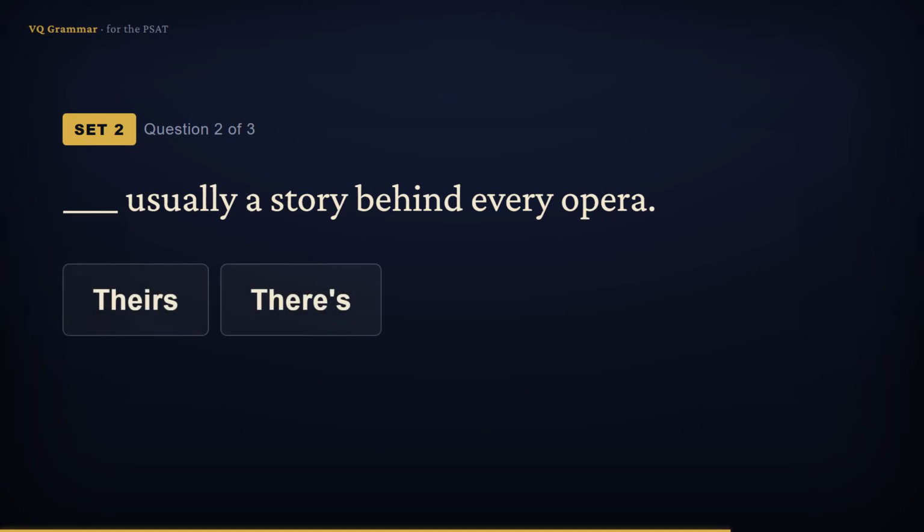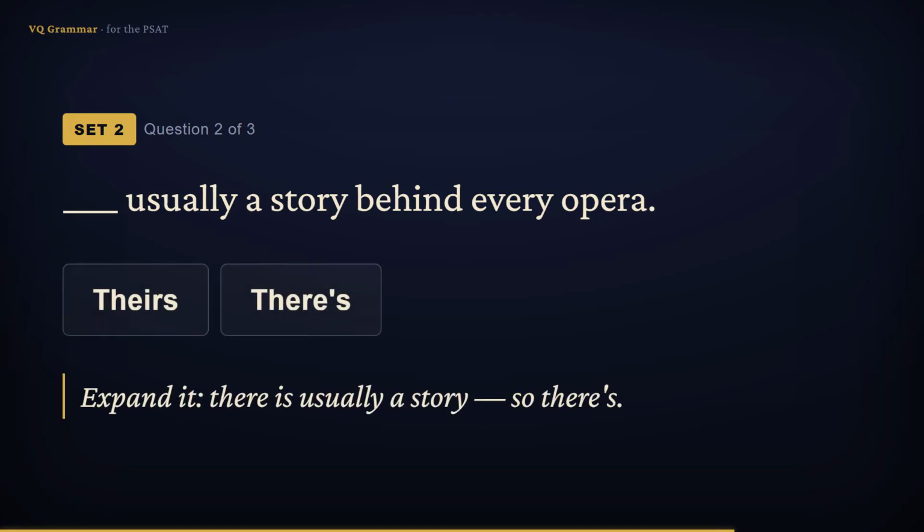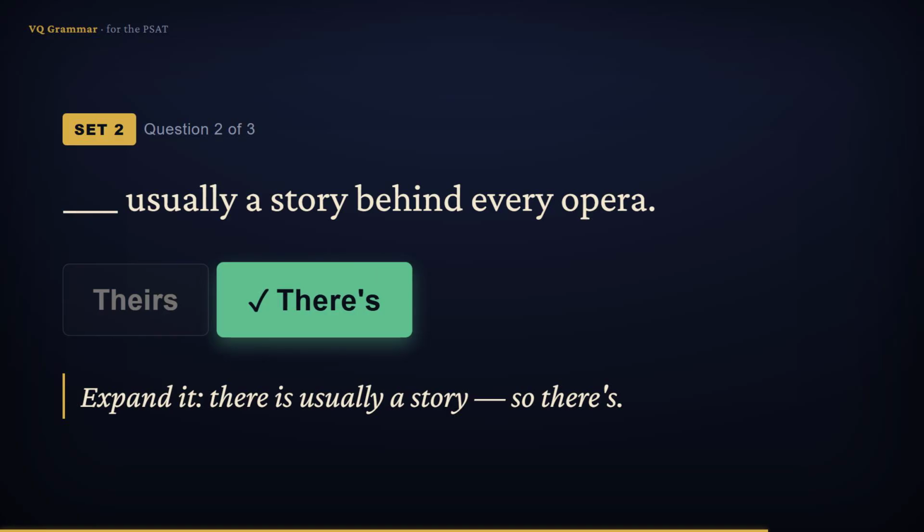Blank usually a story behind every opera. Try expanding. There is usually a story. That fits, so we want there's, the contraction of there is. Theirs would mean the one belonging to them, which makes no sense.